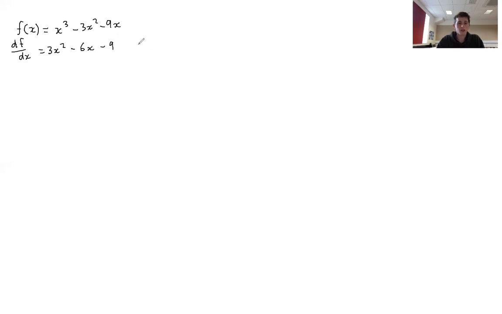If we let the derivative df by dx equal 0, and I'll write this out again, we can take out a common factor of 3 in all the terms.